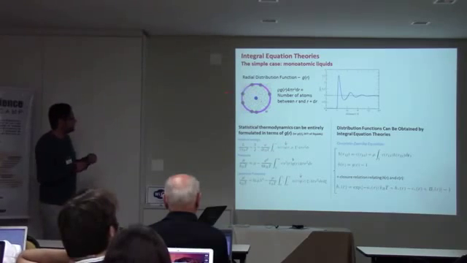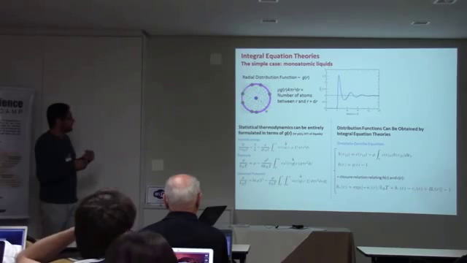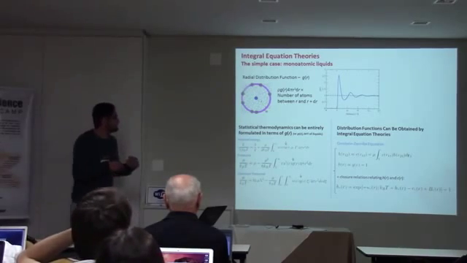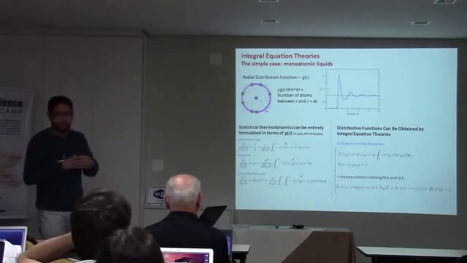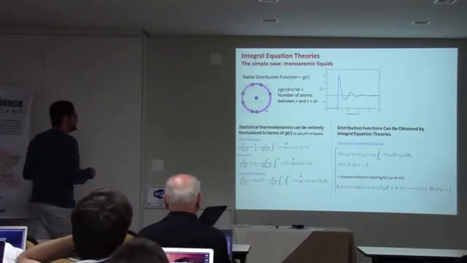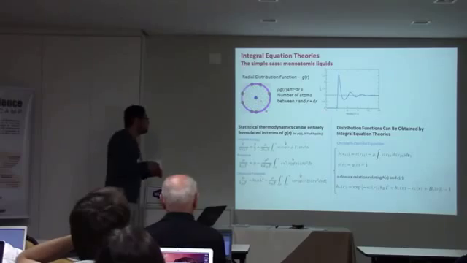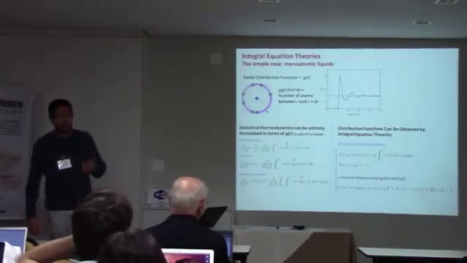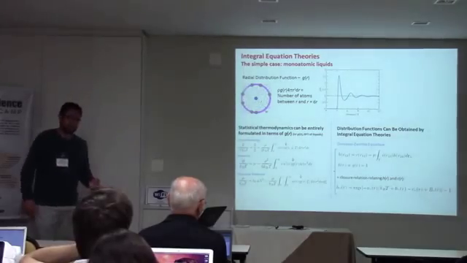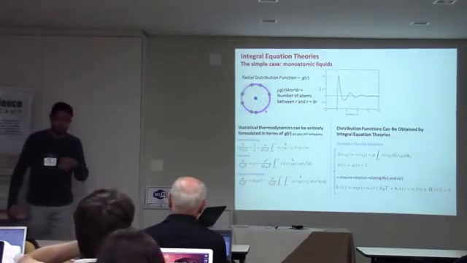And then you do that for a range of distances, and then you have how the structure of the liquid varies according to the distance. And the good thing is that once we know the distribution function, we can compute any thermodynamic properties we want from statistical mechanics.